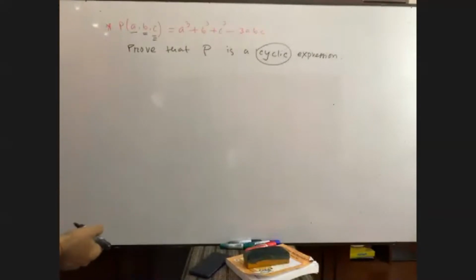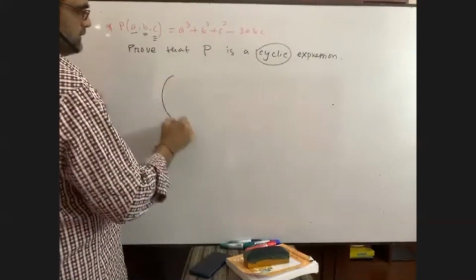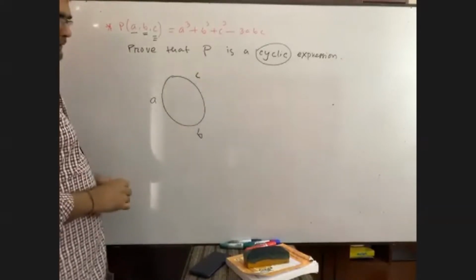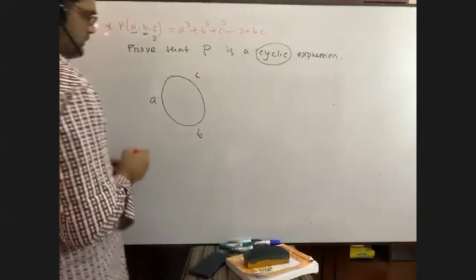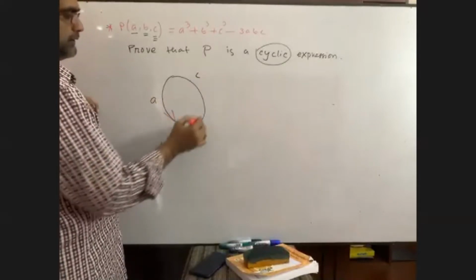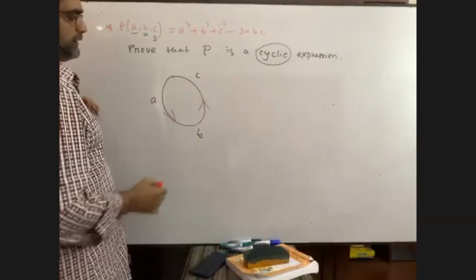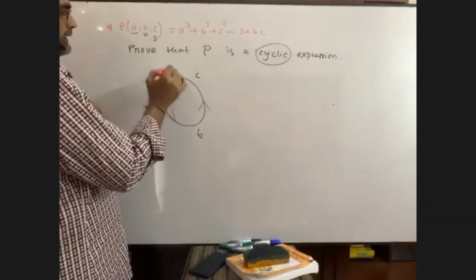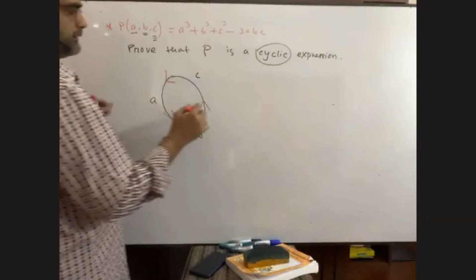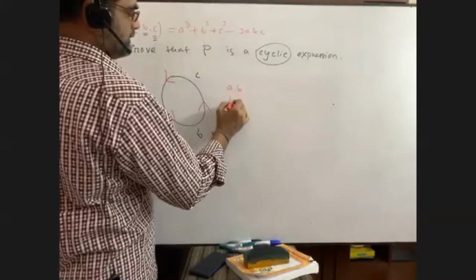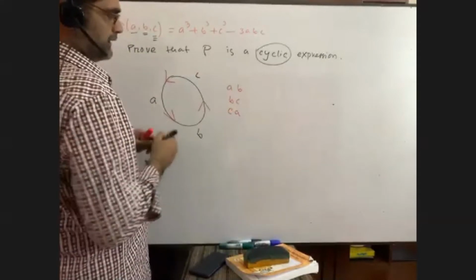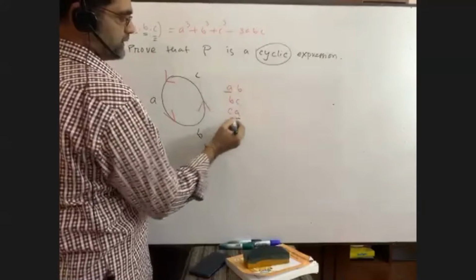Suppose it is A, it is B, it is C. Now, the direction is given like this: A to B, B to C, then C to A. Have you got it? We can write it AB, BC, CA. You see, it starts with A, it ends with A.